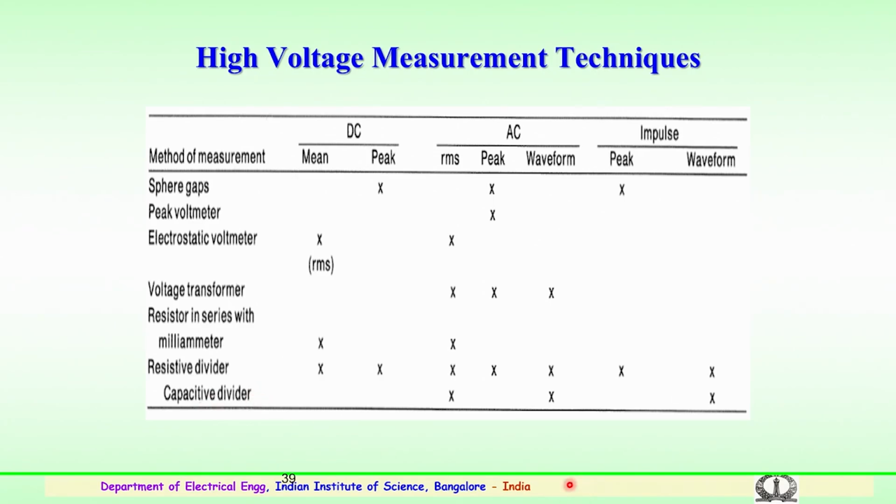These are generally used for the measurement of DC, AC and impulse. These dividers are of recent application and could be used for very large voltages, where the accuracy level is also very high in comparison to the spark gap and other methods.